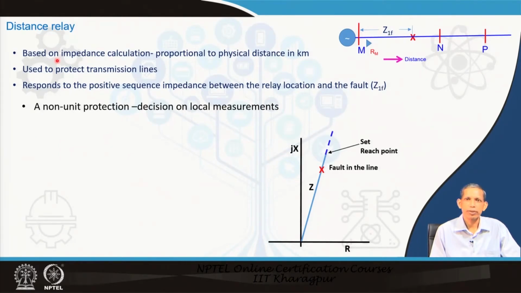So, we have per kilometer R or L, which gives the series impedance of the line, R plus j omega L. So, this series impedance of the line is proportional to the length of the line.